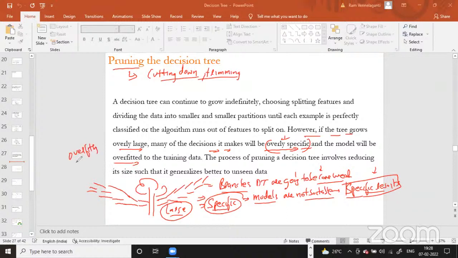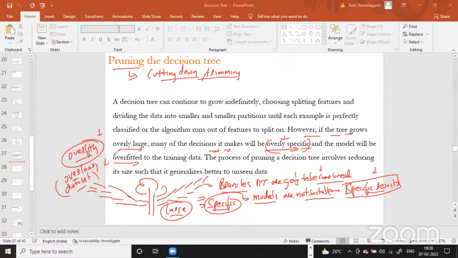What do you mean by overfitting model? Your model is overlearning from your data set. Overfitting means your model is overlearning from your data set. Your model will tend to learn by heart the observations which are present in your data set. It is going to learn the values present in your data set. What is going to happen?